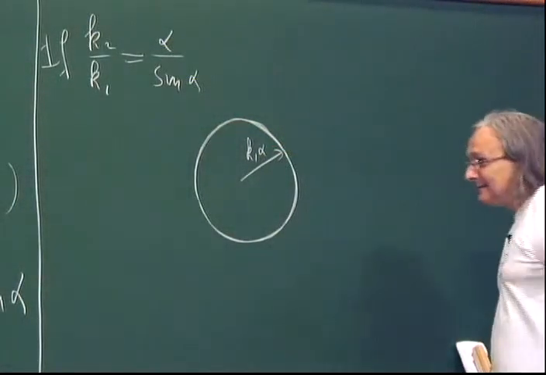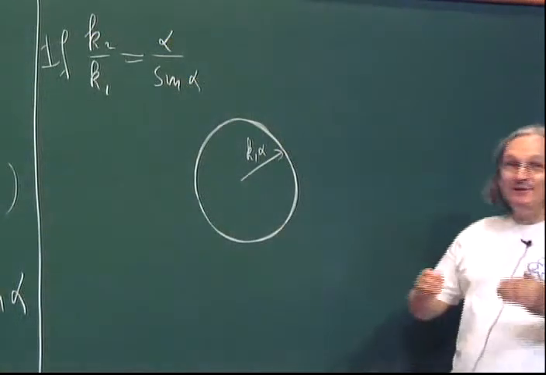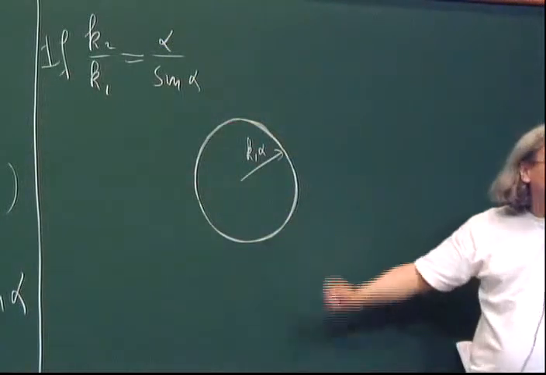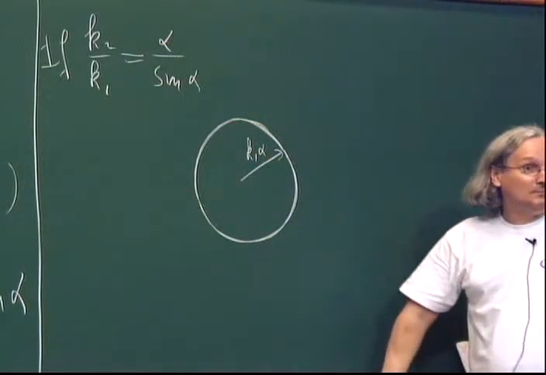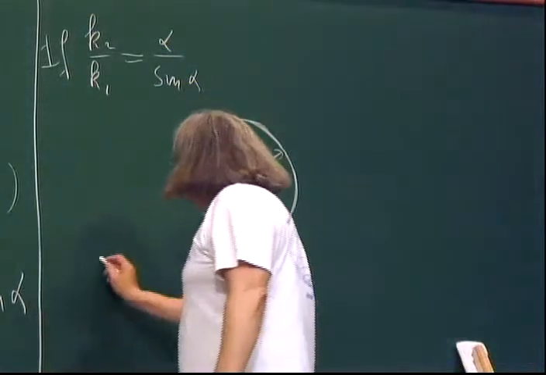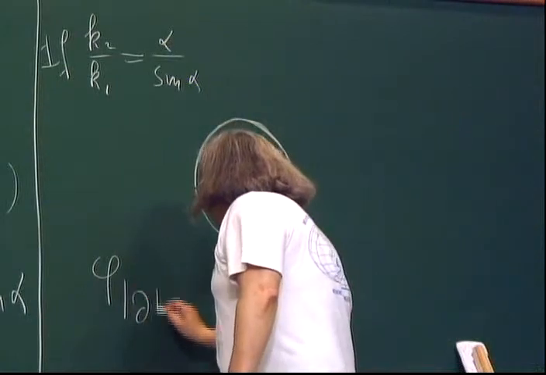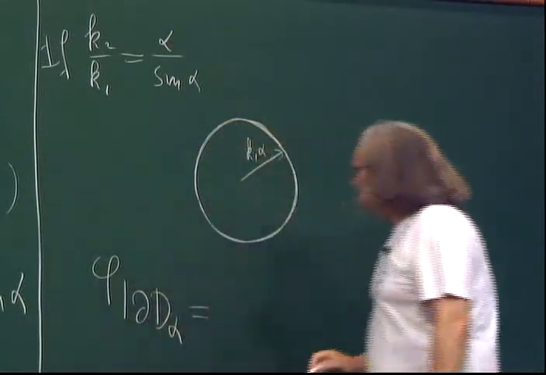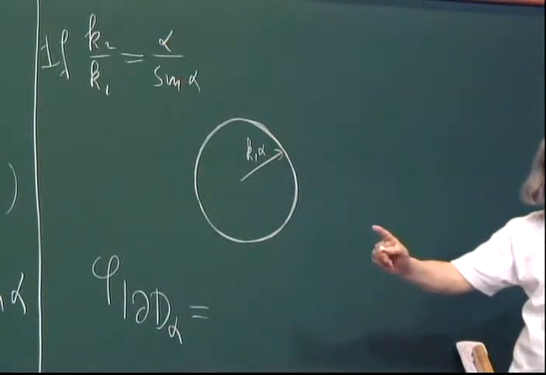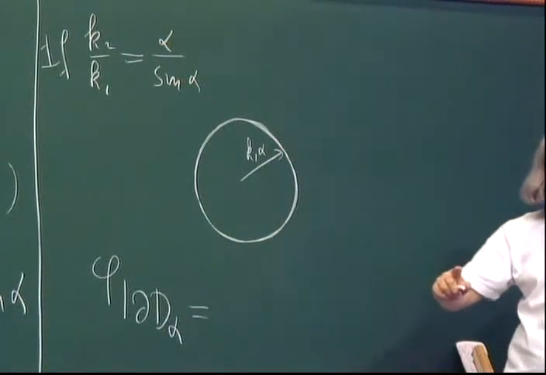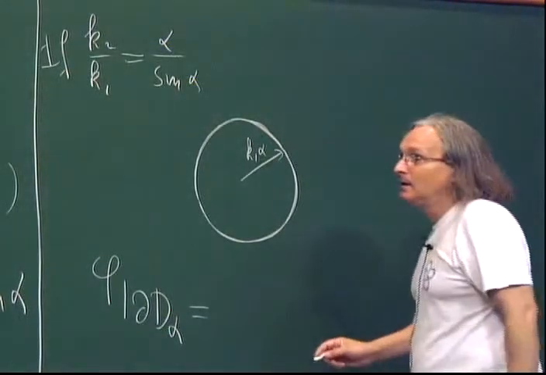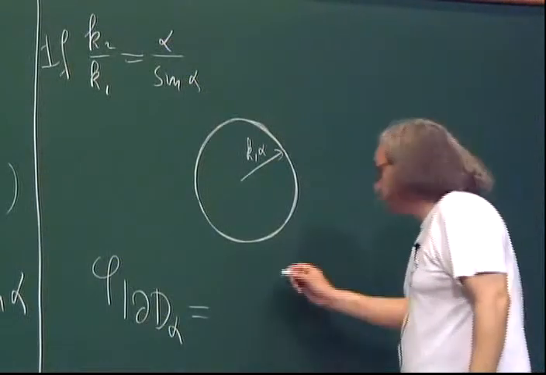Not only that, but since we have a Lipschitz map with constant k2 on the boundary, it has to be an isometry of the circle. In other words, phi restricted to the boundary of D alpha is just sending the circle to the circle respecting angles. Okay? It is a rotation.